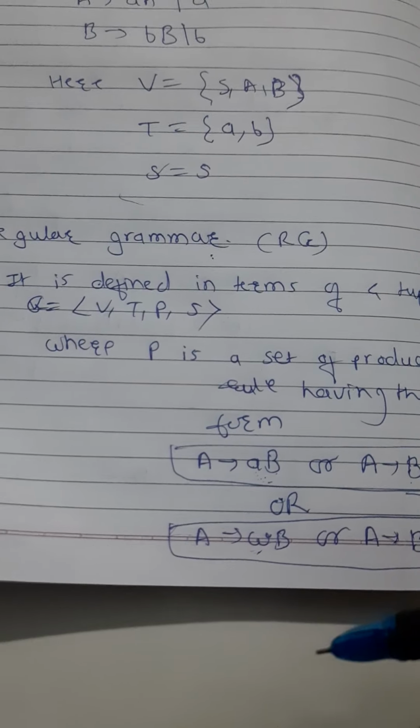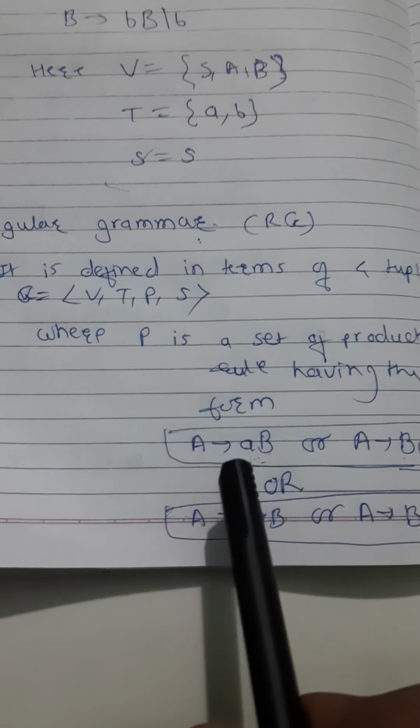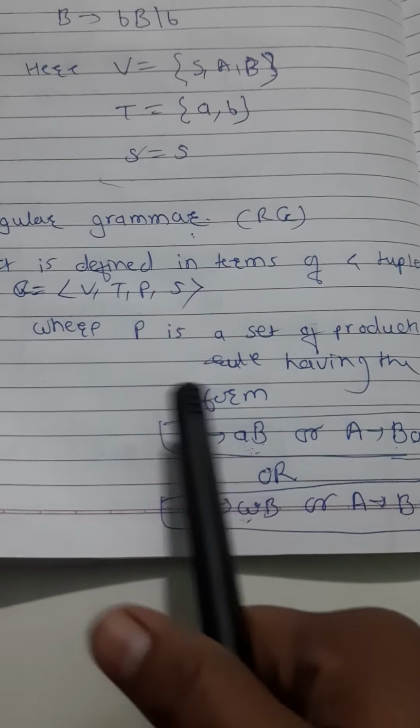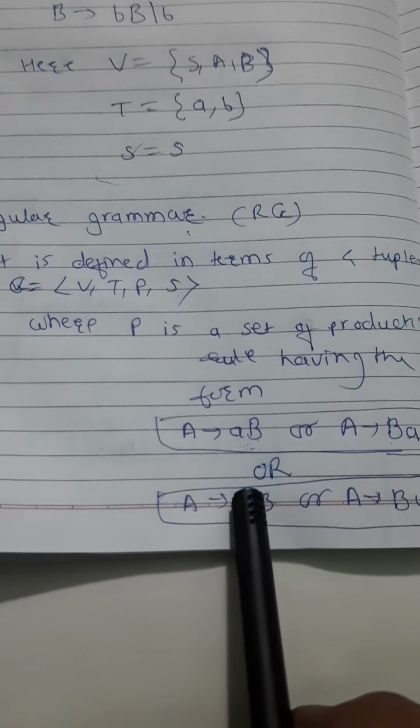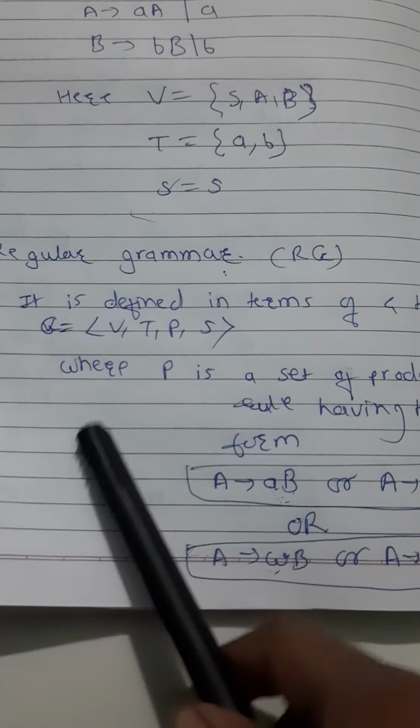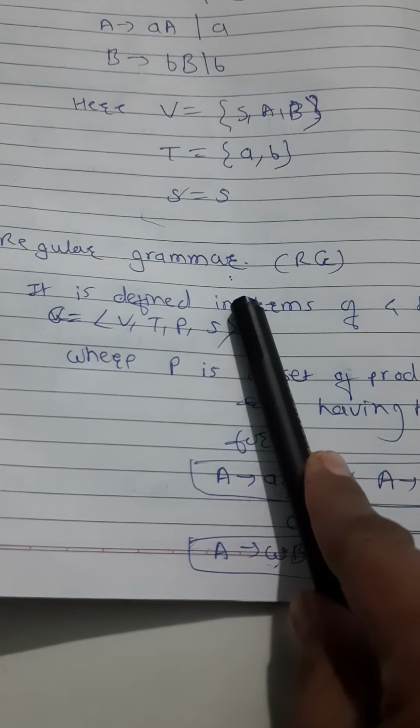If each and every production rule of the set P has this form, then we say the complete grammar is a regular grammar.